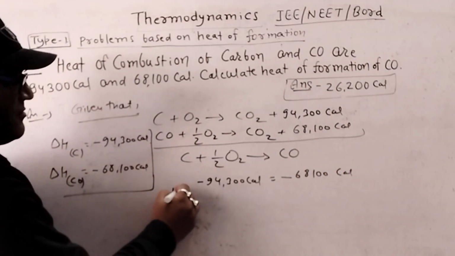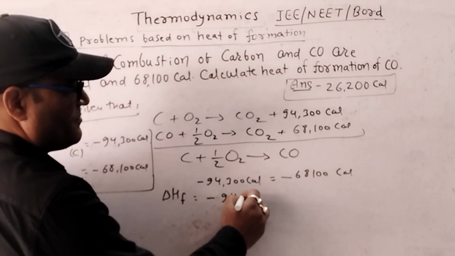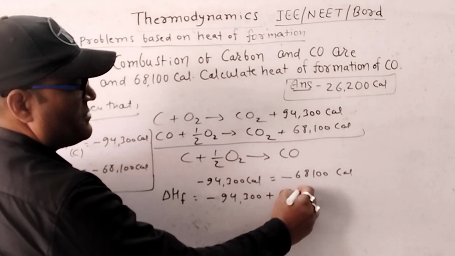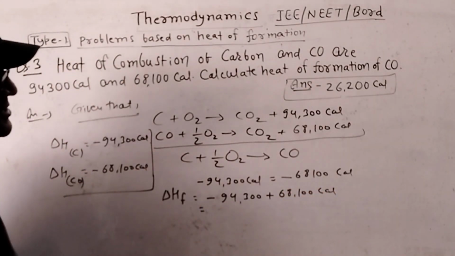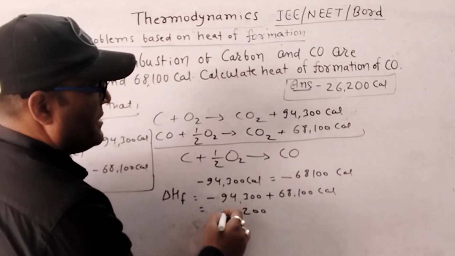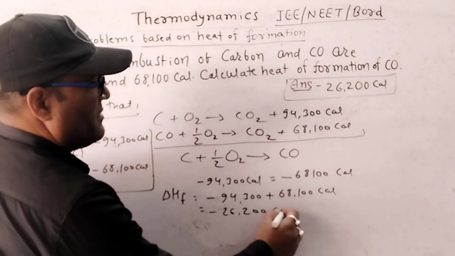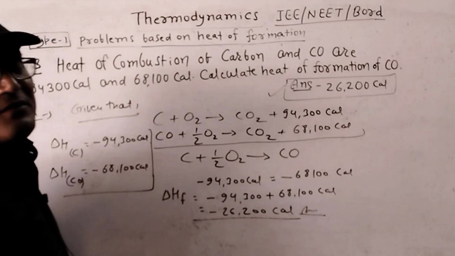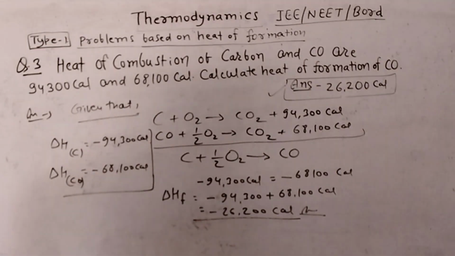Now the value of delta HF is minus 94,300 plus 68,100 calorie, and after calculation, minus 26,200 calories, the correct answer. So we can observe this easily; this is the question.